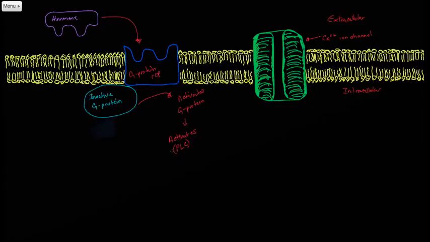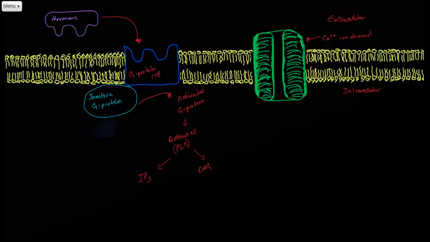Now, PLC causes the production of another enzyme called diacylglycerol, also known as DAG, and it also creates inositol triphosphate, or IP3. Now, the important thing to know about the IP3 and the DAG is that these are both formed from the phospholipid membrane.